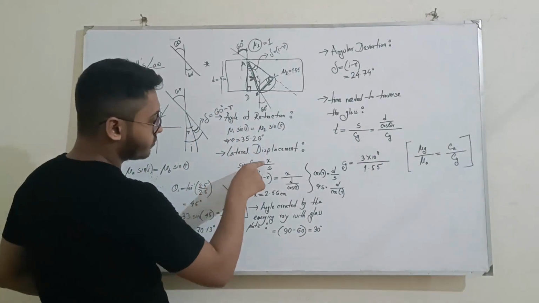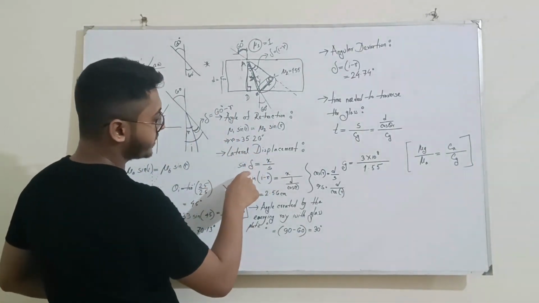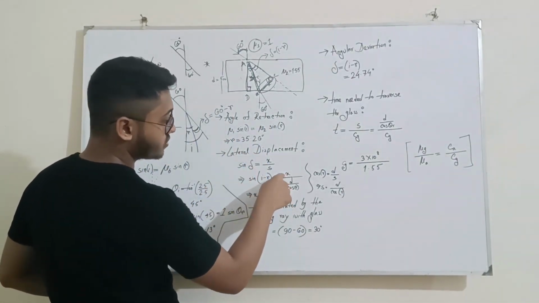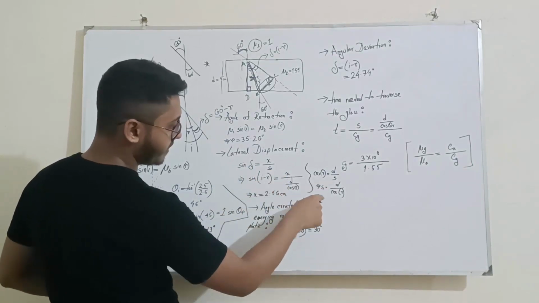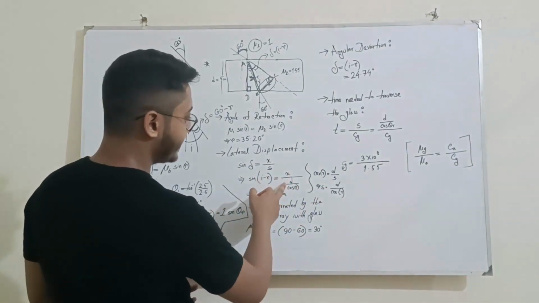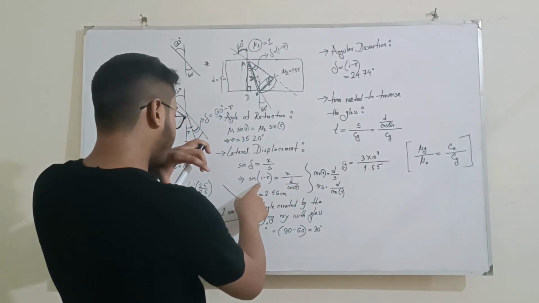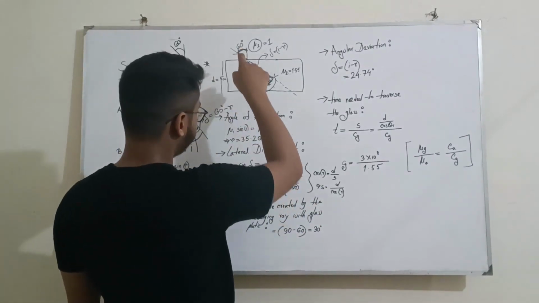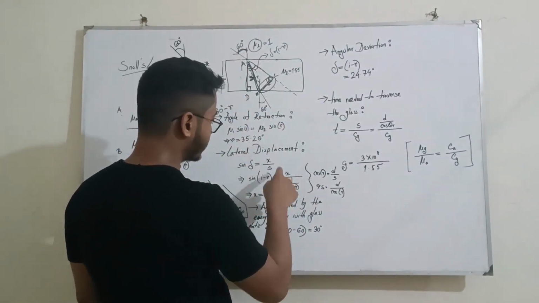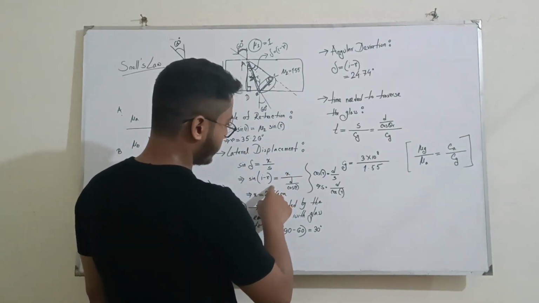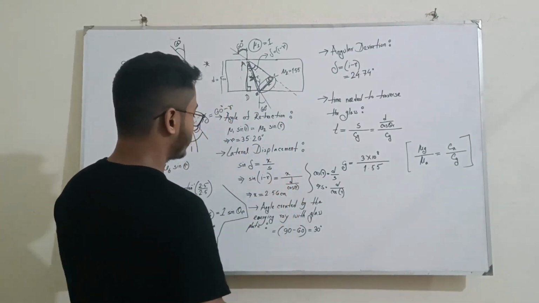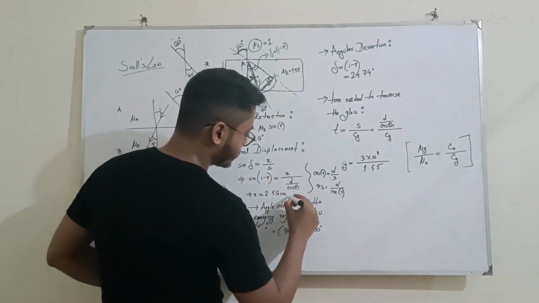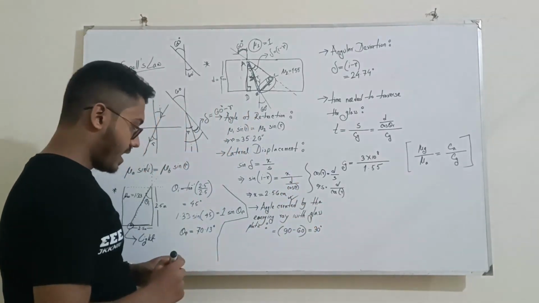So sin del is equal to x by s. Del we can write as i minus r is equal to x by s, and s we can write as d by cos r. Now we have the value of d, that is 5. I minus r, i was 60 degree, r was 35.26. We will have the value of this also, and now equating these equations, we can get the value of x as 2.56 centimeter.